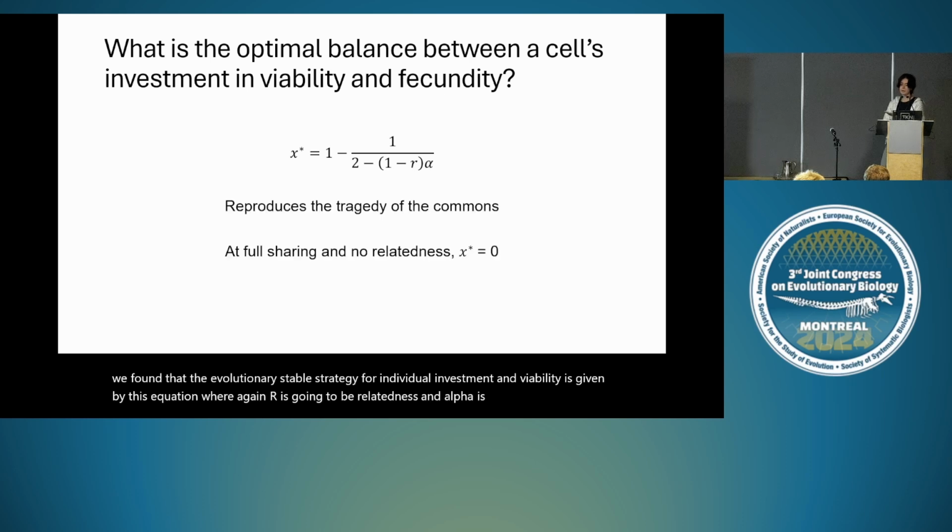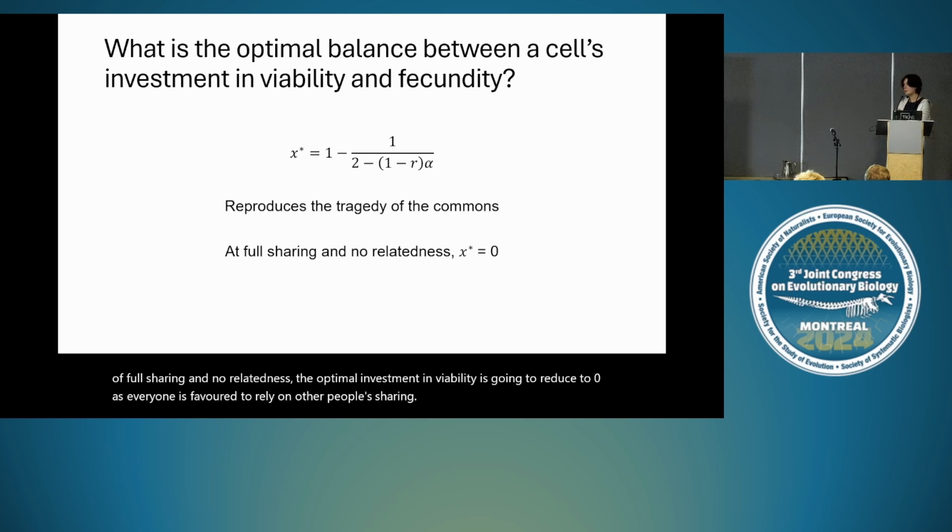And this actually reproduces the dynamics of the tragedy of the commons. Individuals are often favored to cheat and steal the viability from their group mates rather than creating their own, and this is going to happen when they're not clonal. And at the extreme of full sharing and no relatedness, the optimal investment in viability is going to reduce to 0, as everyone is favored to rely on other people's sharing.